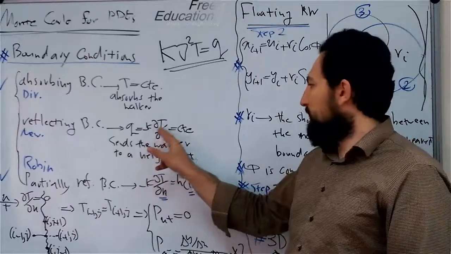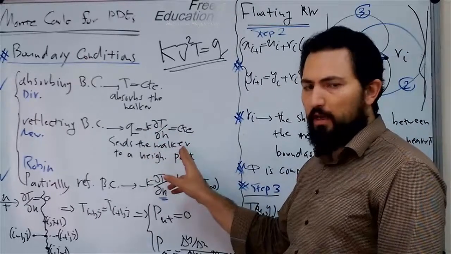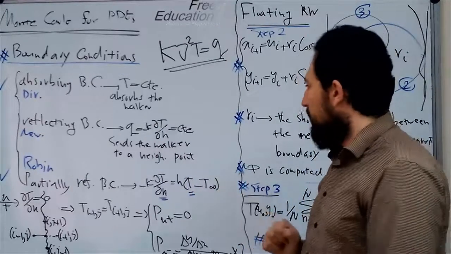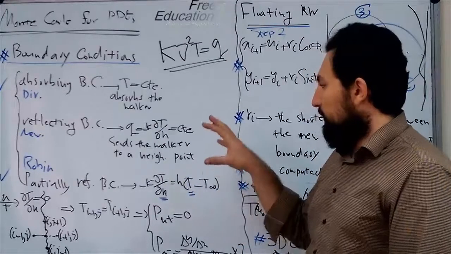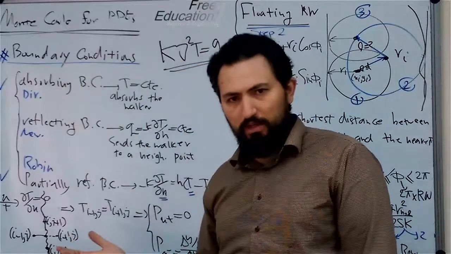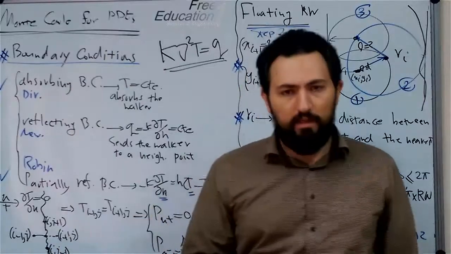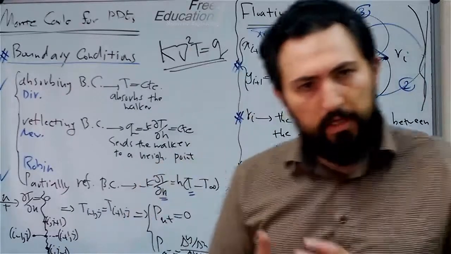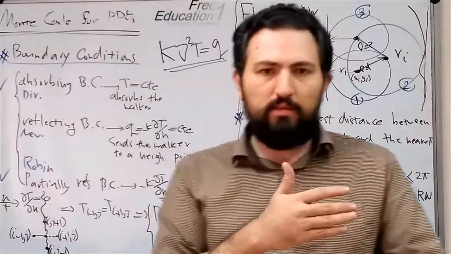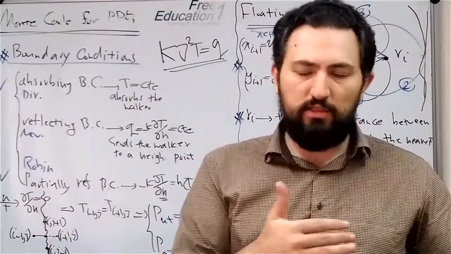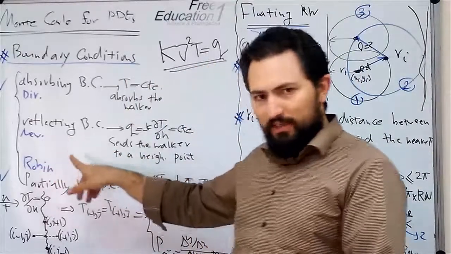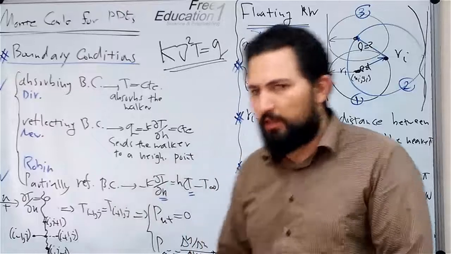Because K is a constant, it means that in this type we have the derivative of the temperature as given. The other name based on the Monte Carlo concept is the reflecting boundary condition, because the random walker which reaches the wall will reflect back or bounce back again towards the internal nodes. So the title of the second category is the reflecting boundary condition.